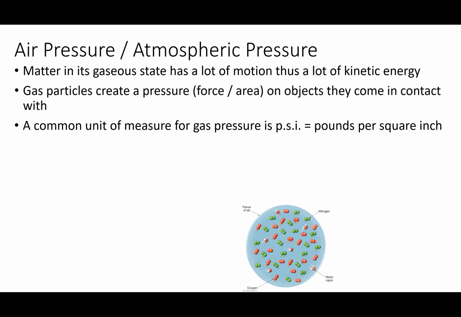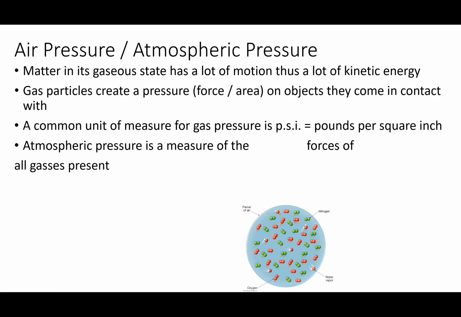So like I said, a common unit for gas pressure is pounds per square inch, but when we talk about meteorology, when we talk about the pressure of the atmosphere, pounds per square inch isn't going to do it for us. We don't go 14 psi, we actually go into different units for what the pressure of the atmosphere usually is.